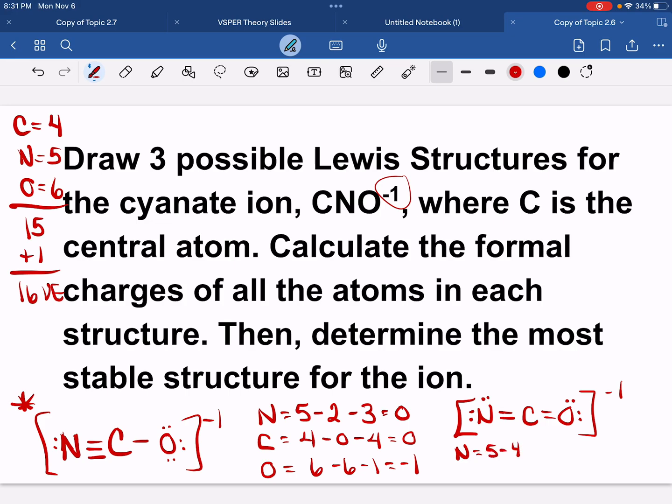It now has 4 lone pairs, and 2, 4, half of that is 2. And so we have a -1 charge. Okay, it's not terrible because nitrogen is more electronegative than our carbon is, so that could work. If we look at our oxygen, we have 6 minus 4 lone pair minus 2, 4, 6, 8. Half of that is 4. So we have a -2 charge here.